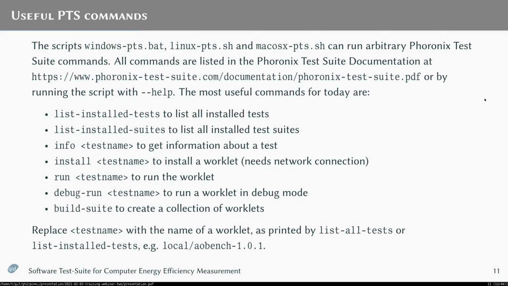And the name of the worklet, you can find those names with the list all tests command or with the list installed tests command. And it looks, for example, like local/aobench-1.0.1. So you have the namespace where the worklet is located, the name of the worklet, and the version number.